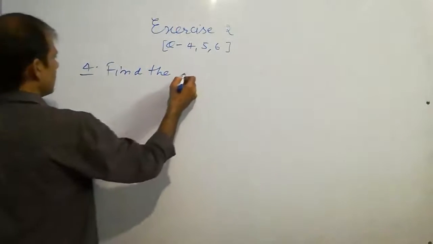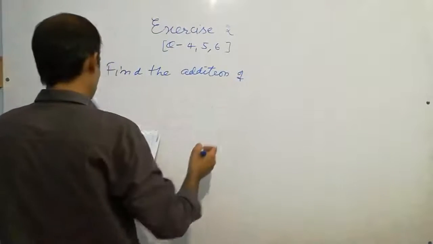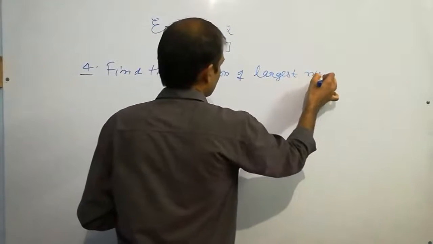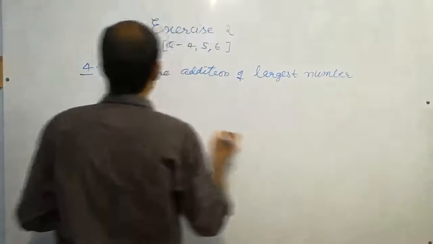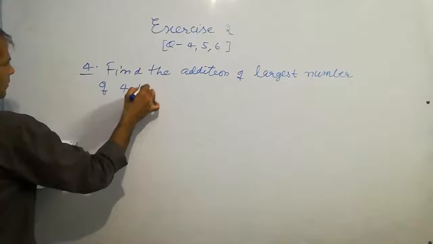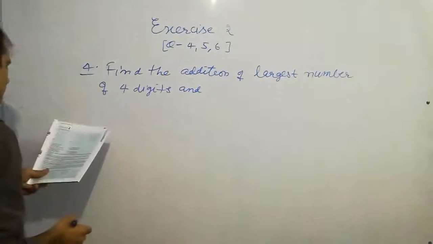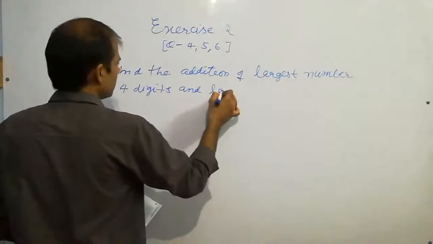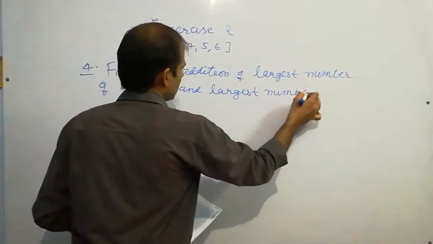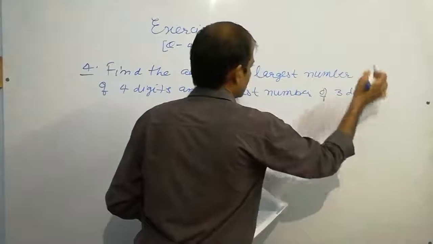Find the addition of the largest number of 4 digits and the largest number of 3 digits.